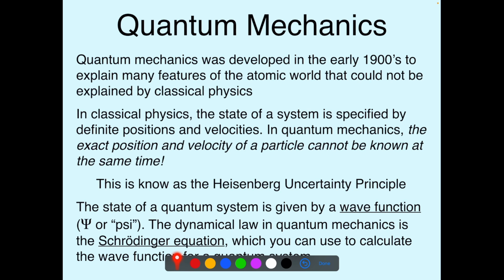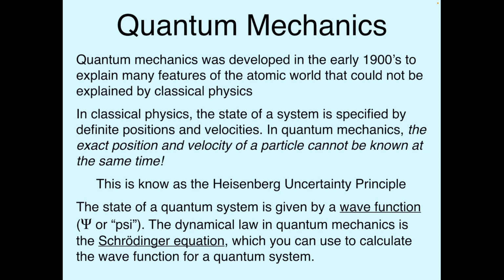But the thing is, in quantum mechanics, we actually can't know the exact position and velocity at the same time. And this is what's known as the Heisenberg uncertainty principle. We're going to get into this later on in the lecture. But the point is, we're going to have a very different approach for quantum mechanics compared to classical mechanics, because we can't just specify the state of our system by giving a position and a velocity.